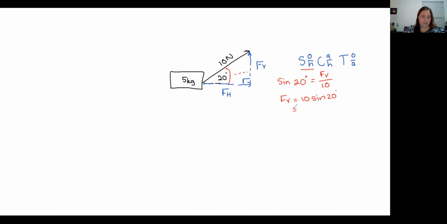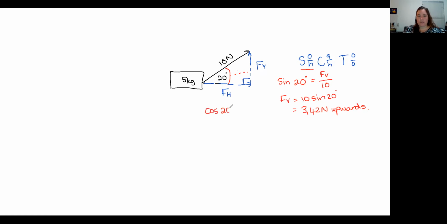If I work that out, 10 sine 20, make sure you're on degrees, especially people who do AP maths. I get 3,42 newtons. 3,42 newtons upwards. Okay, if I work out my horizontal component here, it is going to be adjacent, so I'm going to use my cos ratio.